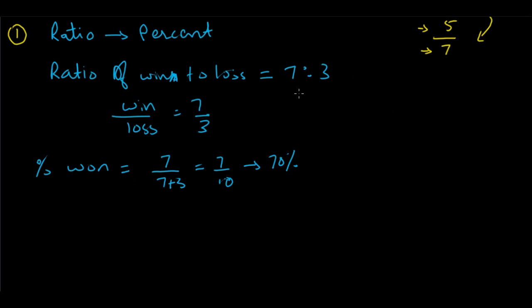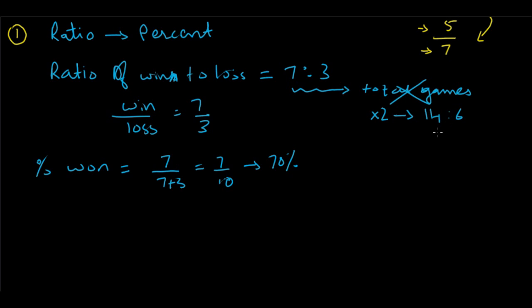One thing about ratios: this 7 to 3 ratio does not tell you anything about the total number of games that this team played or won or lost. This is just a ratio, so you don't get any information about total games. The total games could be any multiple of 7 to 3. If I multiply 7 to 3 by 2, I'll get 14 and 6.